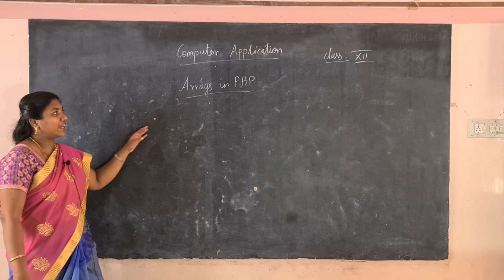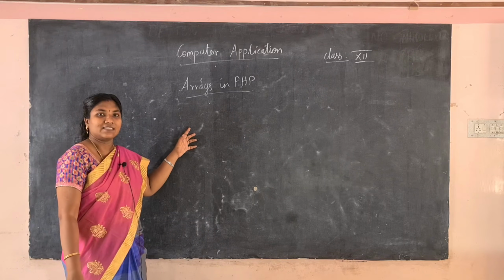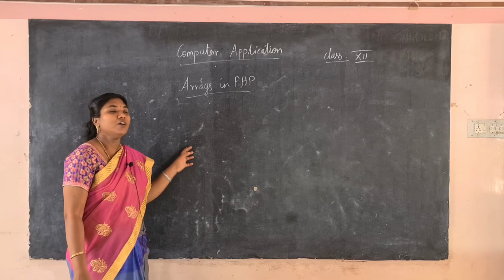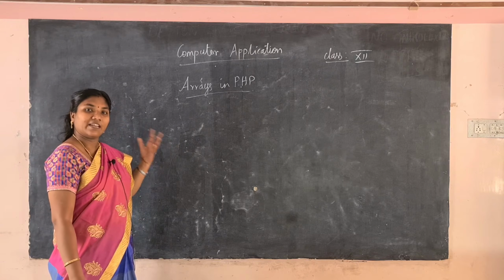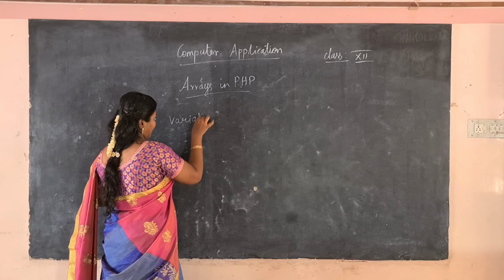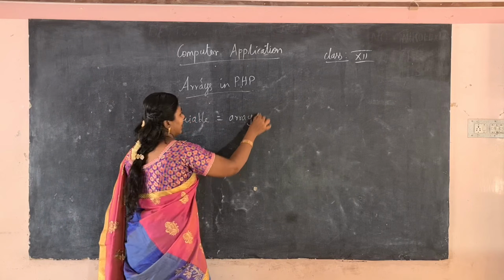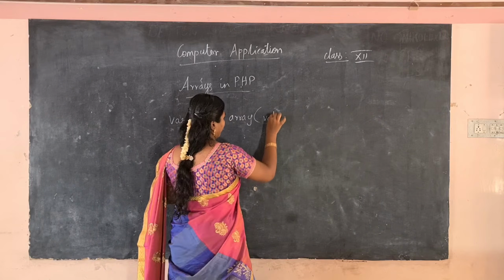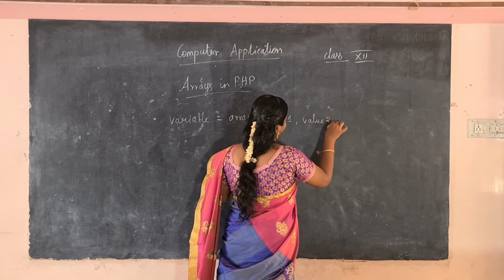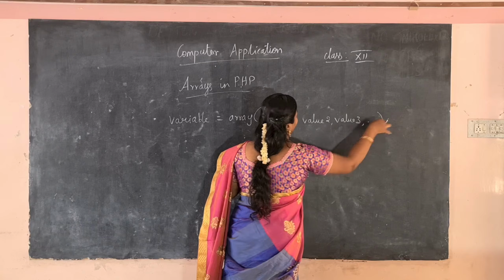Arrays have the same data type and the same variable name. They are accessed by the index number. Index number is the main one. What is the syntax for creating an array? First a variable equal to array. Array is a keyword, and then comes the value: value 1, comma, value 2, comma, value 3, and so on.